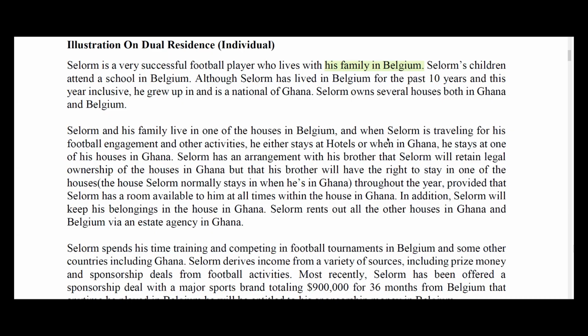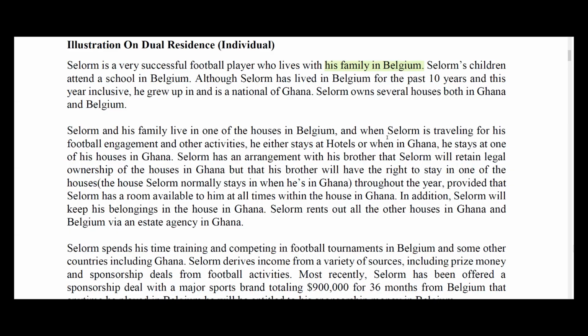If you see anything from those lists we listed, just mention it. Oh, permanent home. This one lives with his family. Lives. Which one would you attribute it to? Is it more of permanent home, center of vital interest, which is where your economic and personal relations are closer, or habitual abode? It fits into those three, right? Lives with his family.